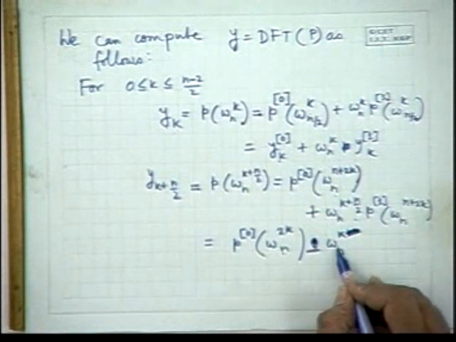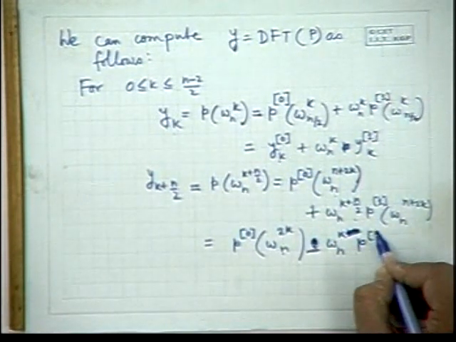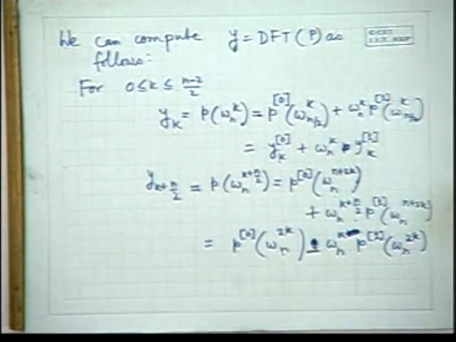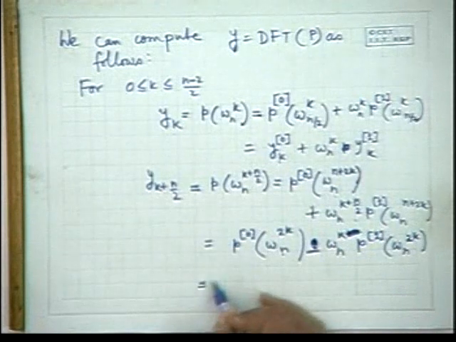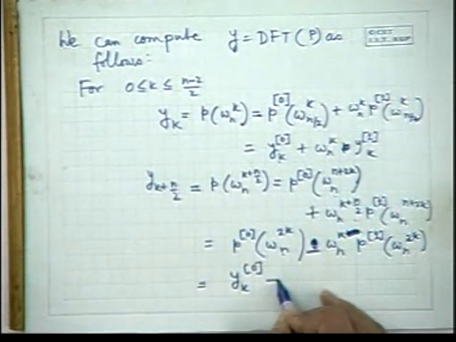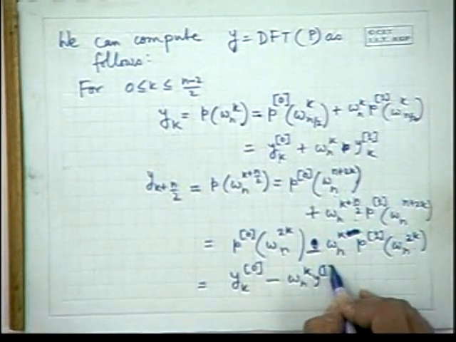This will be minus w_n^k, and then for P1 we can do the same thing, w_n^2k. So if you write this, you can express it as y0 k minus w_n^k y1 k.